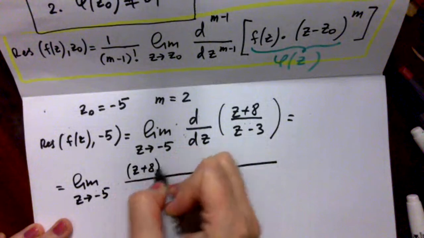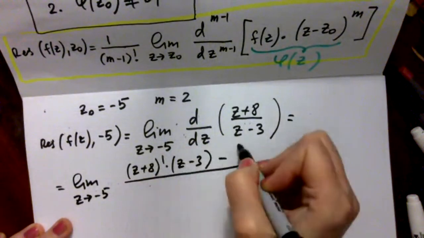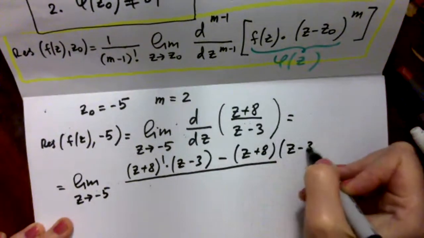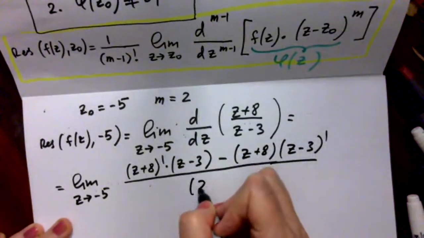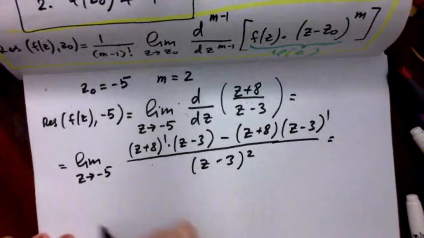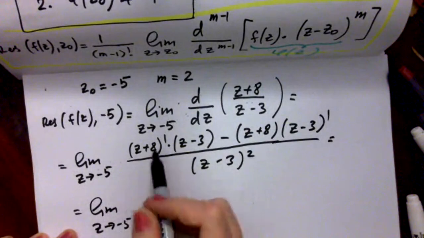I'm going to do it a little bit more detailed than usual, just to remind you of the quotient rule. So it will be minus this guy times the denominator's derivative, and the denominator should be squared. So I did it in very much detail. Okay, so what do we have here?